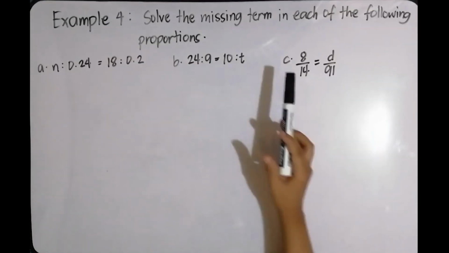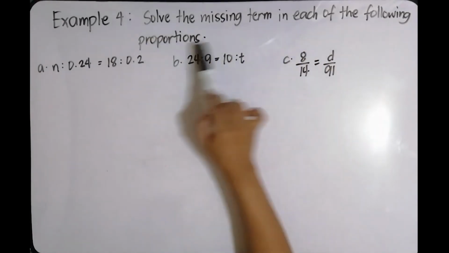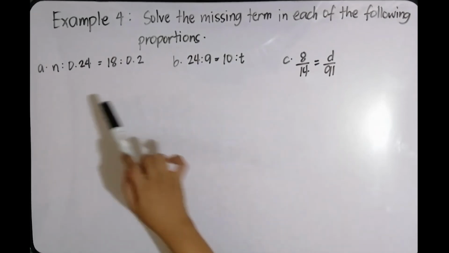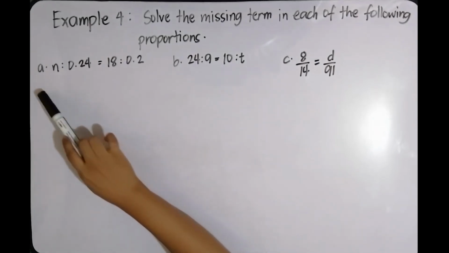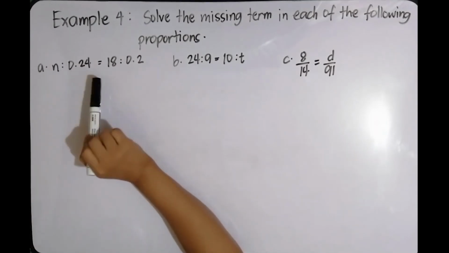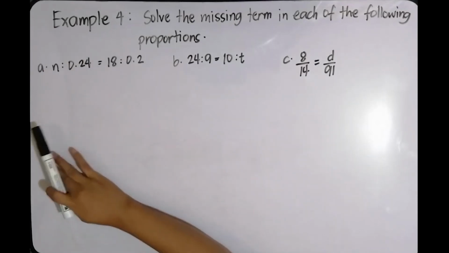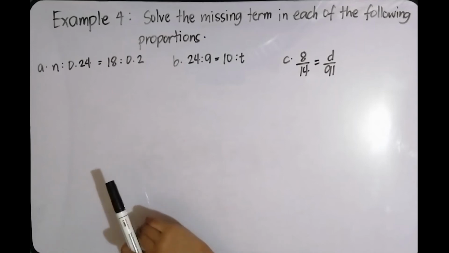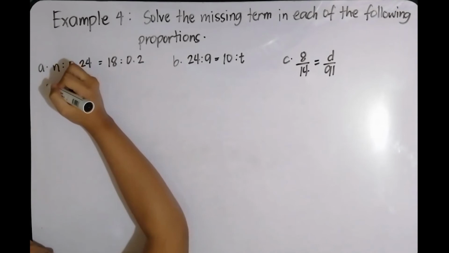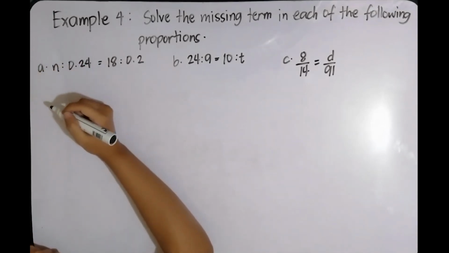So let's solve this example 4. Solve the missing term in each of the following proportions. So we have 4 given proportions here. Letter A: n is to 0.24 equals 18 is to 0.2. Given the fundamental property of proportion, we need to cross multiply or get the products of our means and extremes.